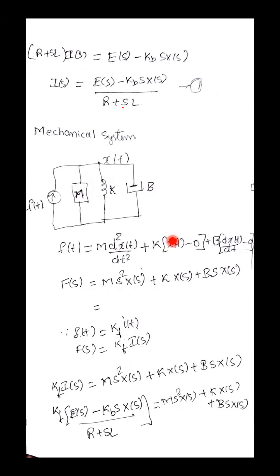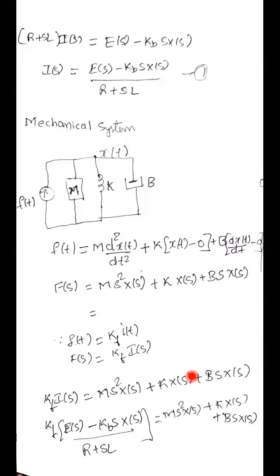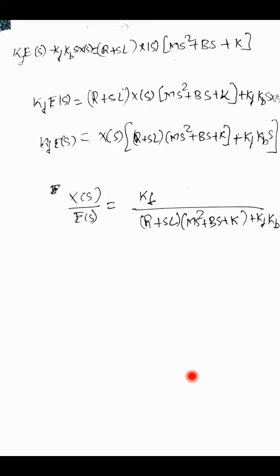Okay, so if we take x of s as common, and if we replace I of s by E of s minus kb into s into x of s divided by R plus SL. Okay, so this I of s is replaced by this term.